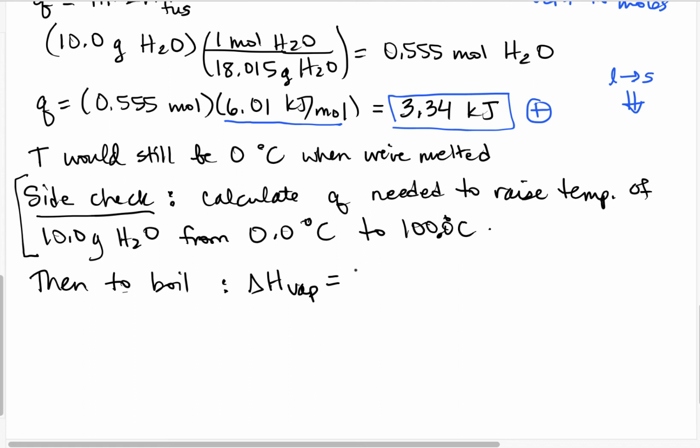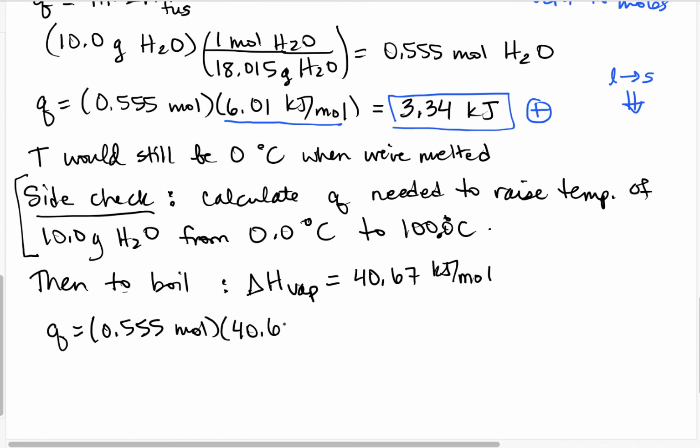And for water, the vaporization enthalpy is 40.67 kilojoules per mole. We've already calculated the moles, so we can easily calculate what the amount of energy would be to boil this former ice cube. We're just going to take our moles again and multiply by that enthalpy.